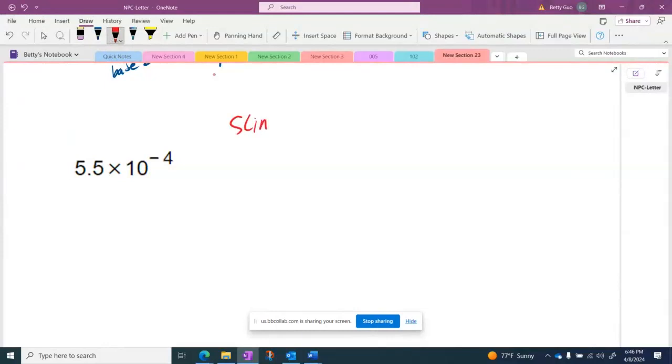This is about scientific notation. What does a scientific notation look like? And why do we need to use scientific notation?